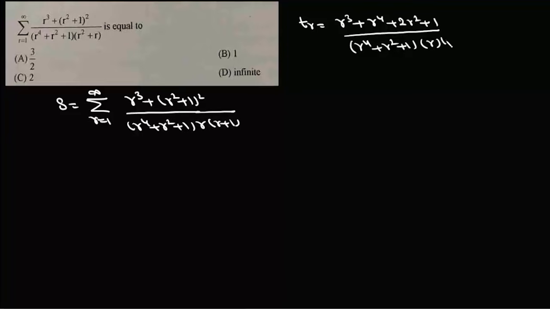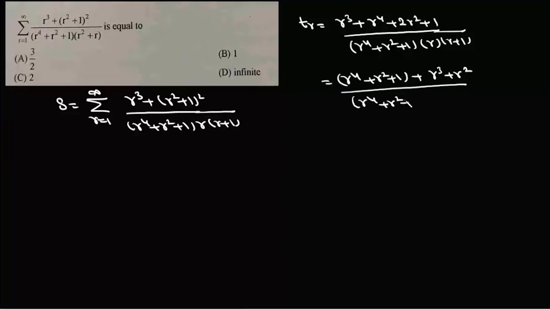into (r plus 1). Now in the numerator, we'll rearrange it a bit. So we can write r to the power 4 plus r square plus 1 and plus r cube plus r square, will divide by (r to the power 4 plus r square plus 1) into (r plus 1).